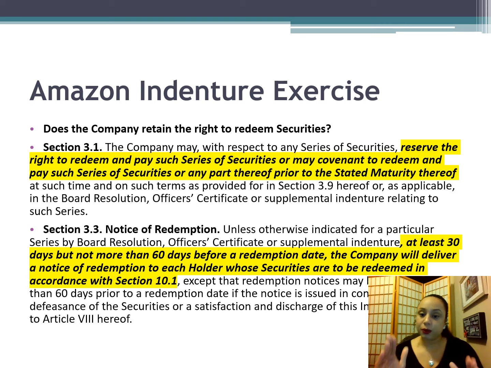So here our trustee does have some discretion. There's some wiggle room in determining what exactly this notification period should be: at least 30 days, but not more than 60 days. And then there's a lot of other language within this provision that you would have to read.